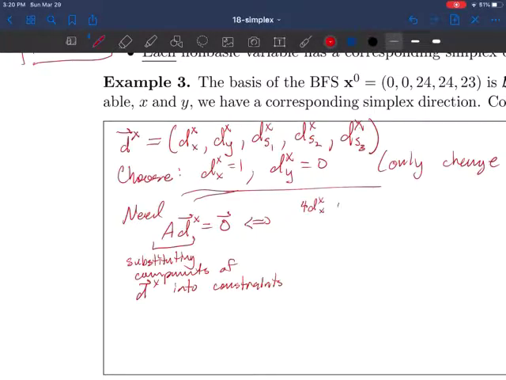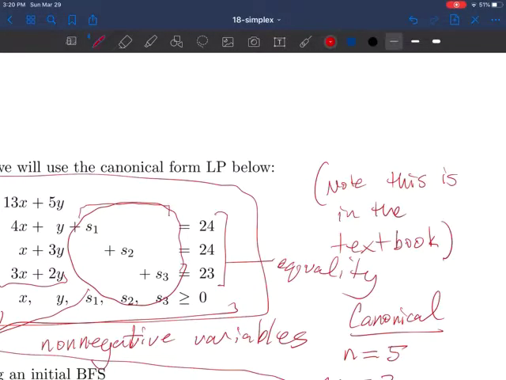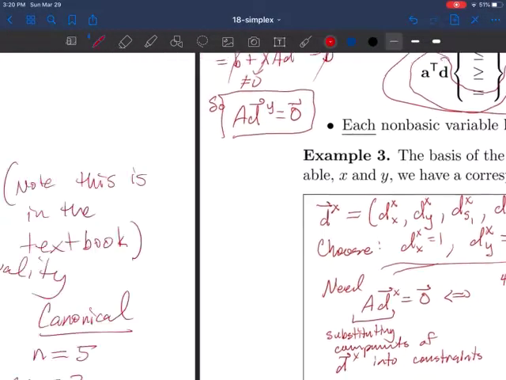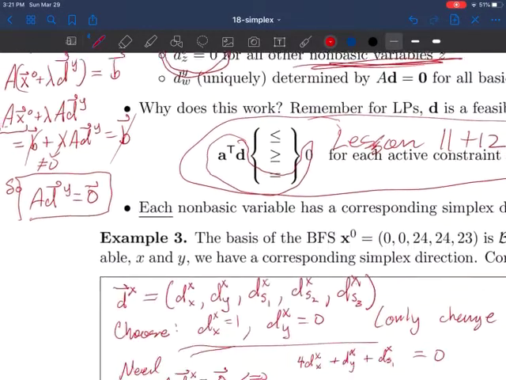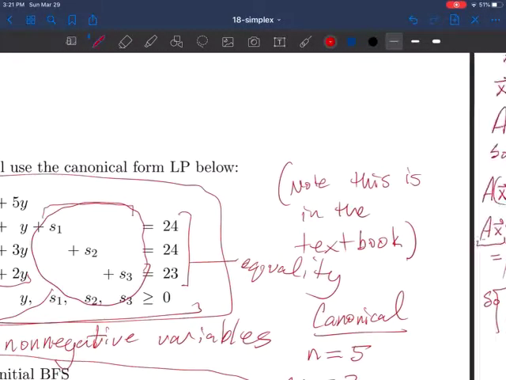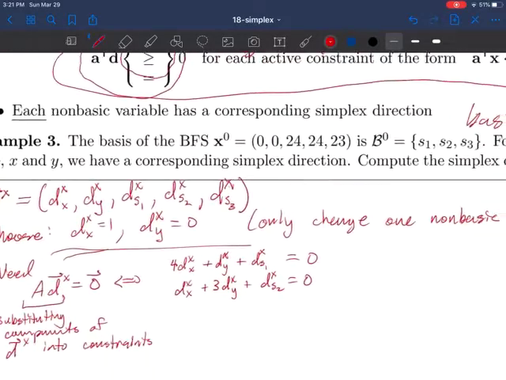It's 3 equations. It's 4 dxx plus 1 dxy plus dxs1 equals 0. Next line is dxx plus 3 dxy plus dxs2 equals 0.